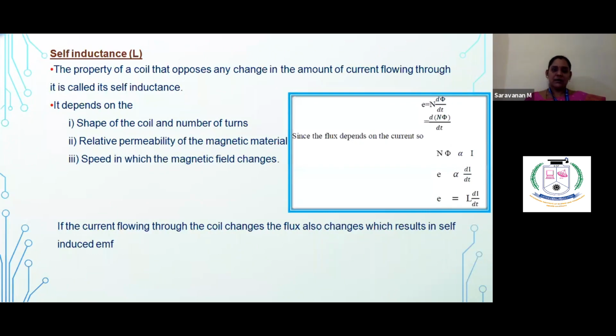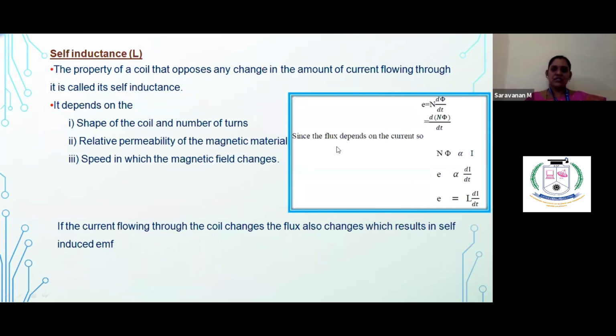Remember, it depends upon the shape of the coil and the number of turns. It depends upon the relative permeability, and it also depends upon the speed at which the magnetic flux is changing. So you know my self-induced EMF E is given by N into d phi by dt.